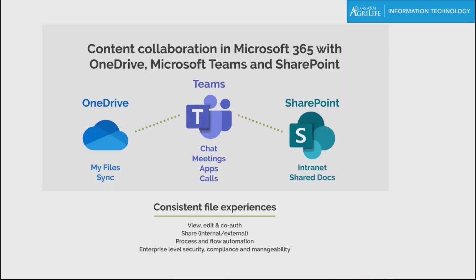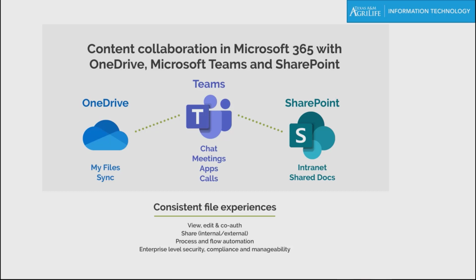So in the Microsoft 365 environment, there's really three key areas where files are stored and presentable or shared with others. Those three main applications are OneDrive, Teams, and SharePoint.